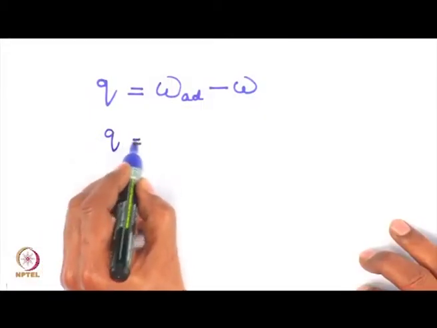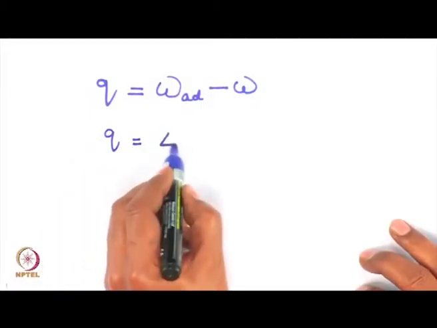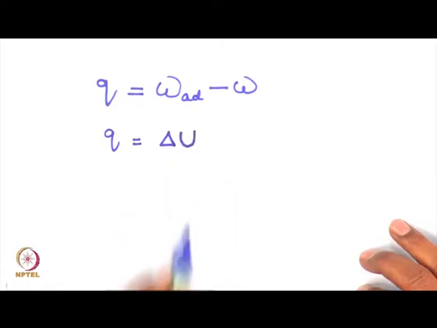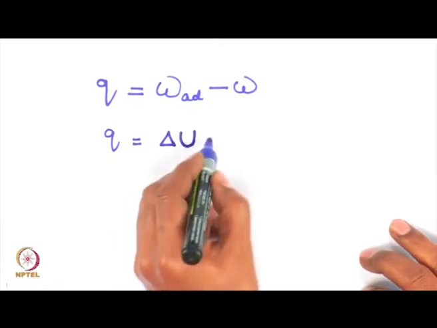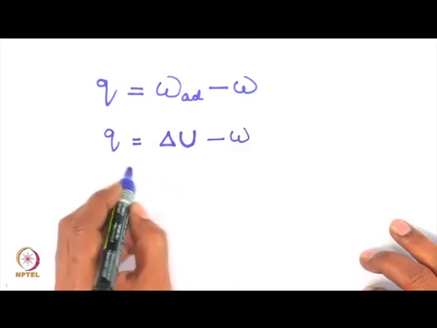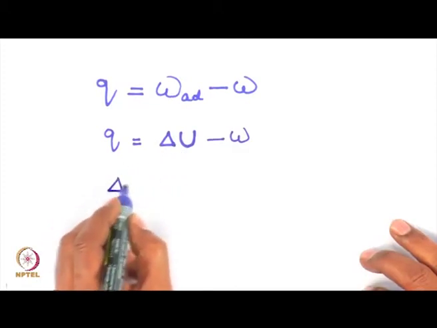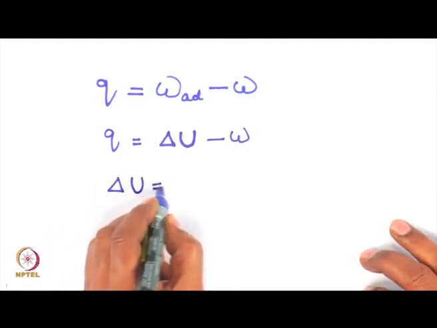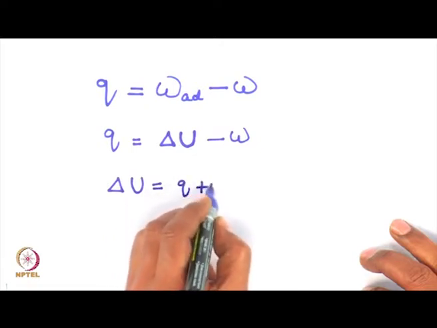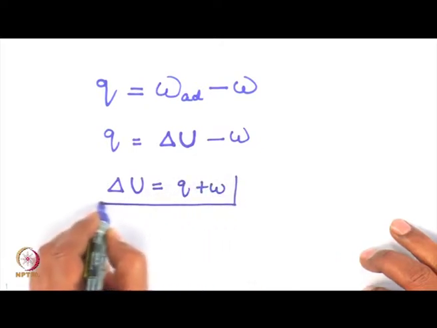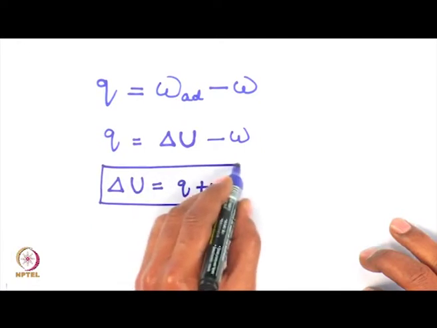So, if the initial and final states are same, then this difference in the work done is equal to heat, and from the previous discussion W adiabatic we just discussed that it is equal to delta U, and if I rearrange this I get the first law of thermodynamics back from an alternate discussion.